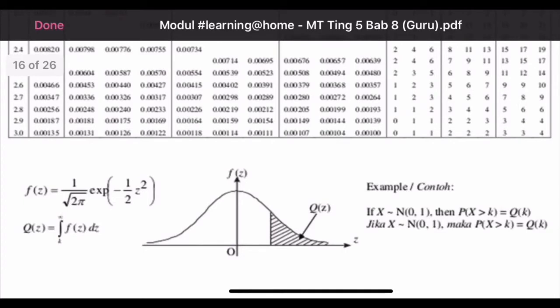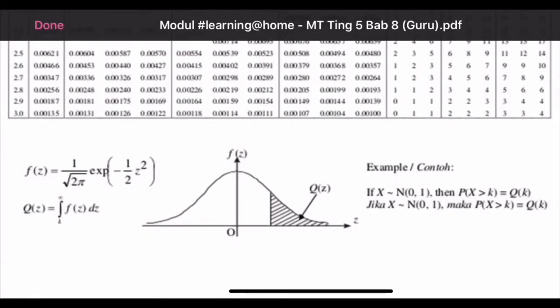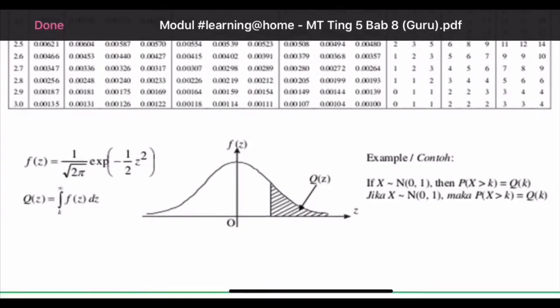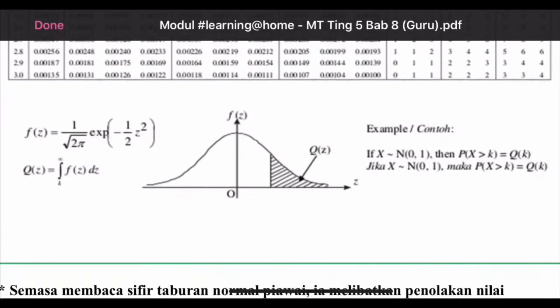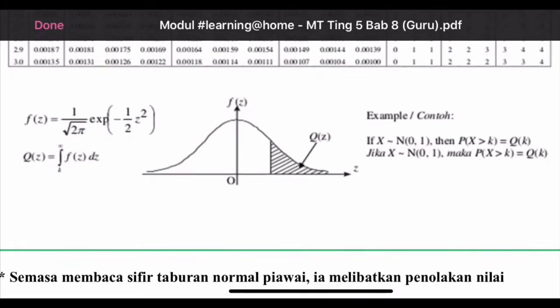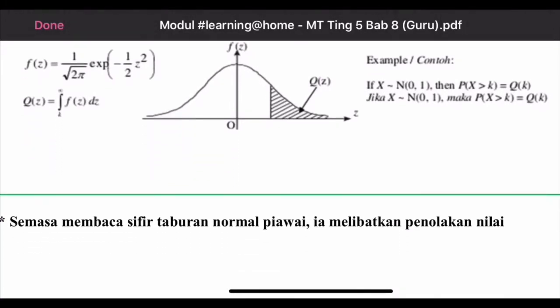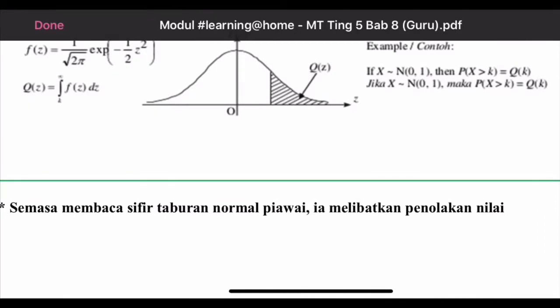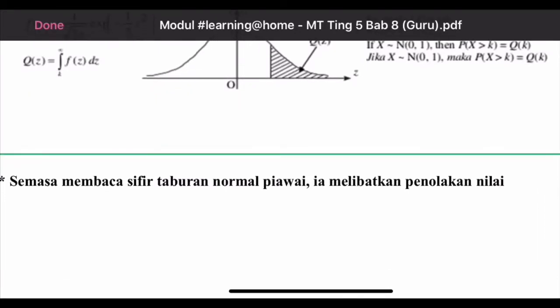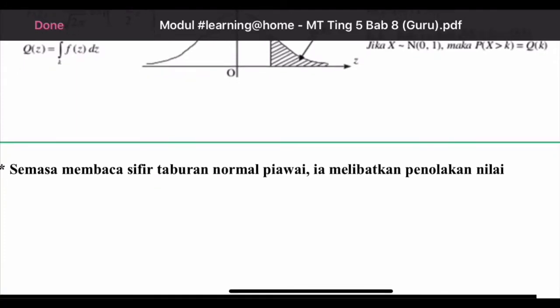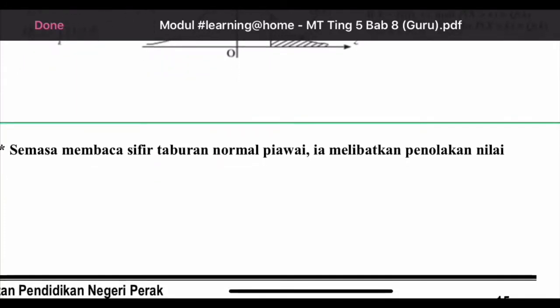Even though you get a negative z value, you must make it positive because the area is symmetrical. So you make it positive, then you read the probability value for the z which is negative. So remember the z score can be negative or positive when you read the area. The area is always to the right.